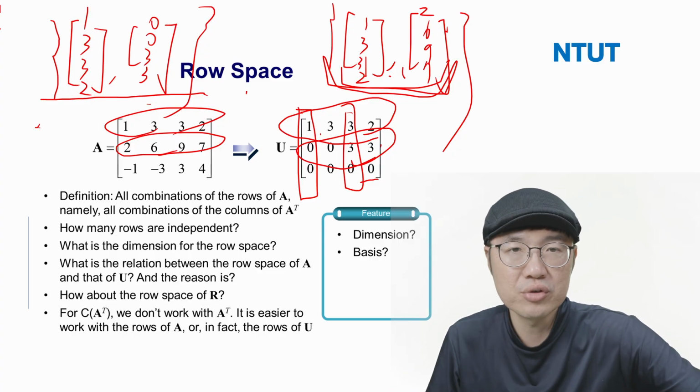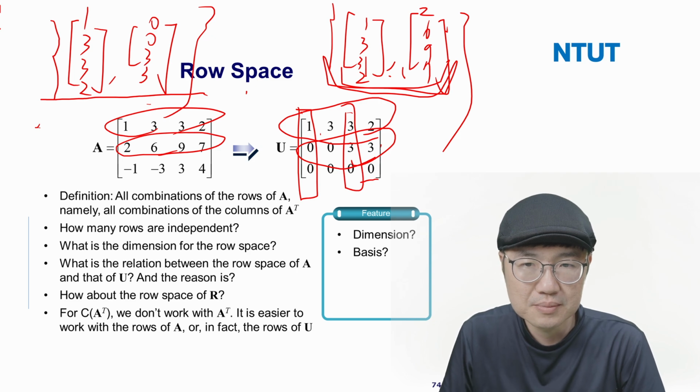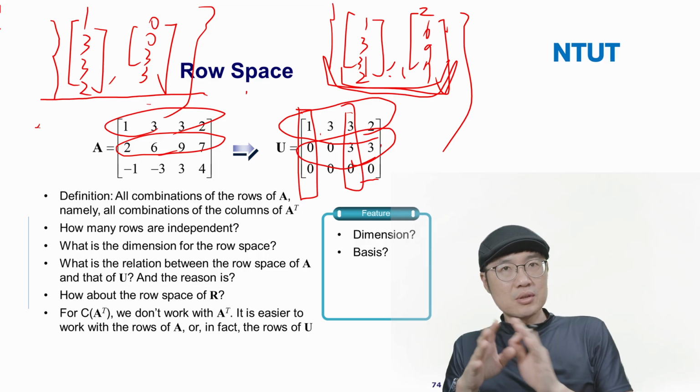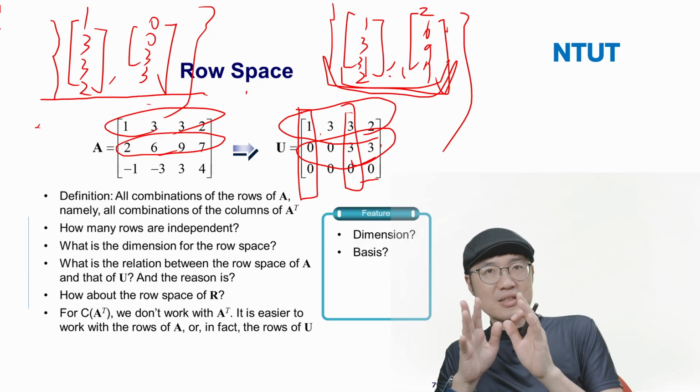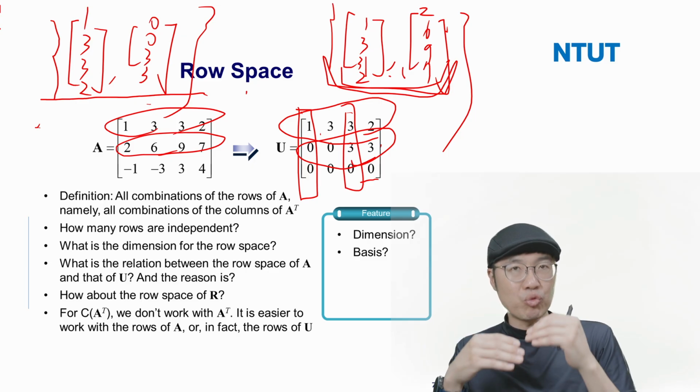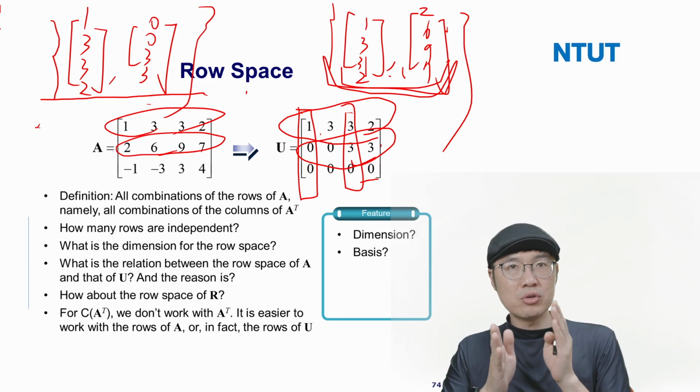So no new information at all. But columns are not. When you make A be U, the numbers in columns are different. Only rows preserve the information because we performed only row manipulation.